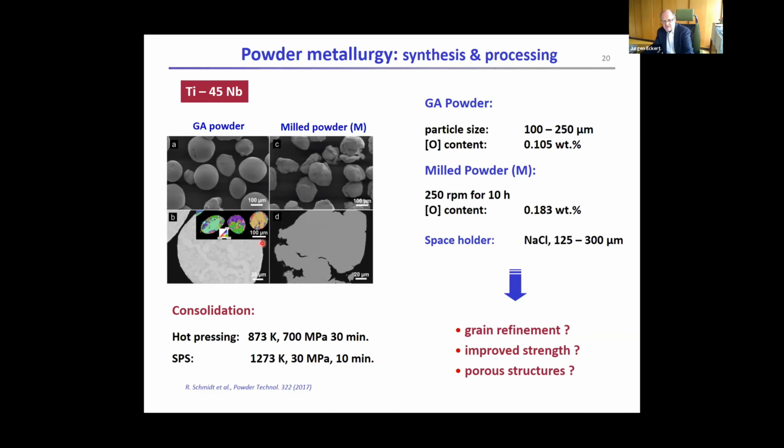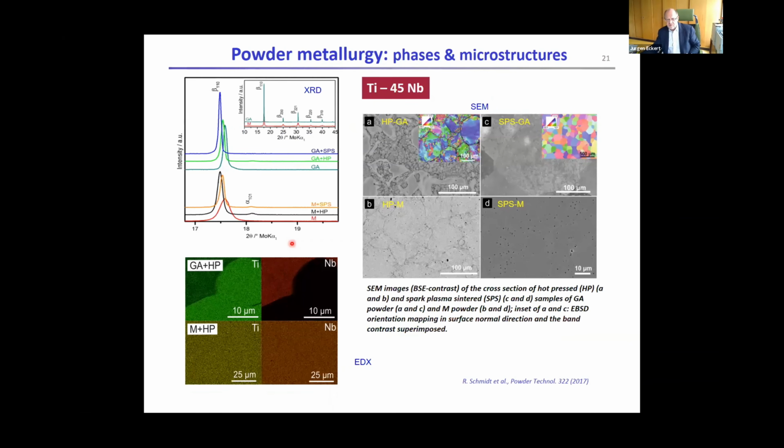Since you have powders, you can relatively easily, of course, try to go in the direction of porous materials or porous implants. Again, just a little overview to give you a glimpse or an idea how the phases may change, or how the microstructure may change if you take these powders and do, for instance, different consolidation treatments, because at the end of the day, you want to have an implant, so you somehow have to consolidate the powders.